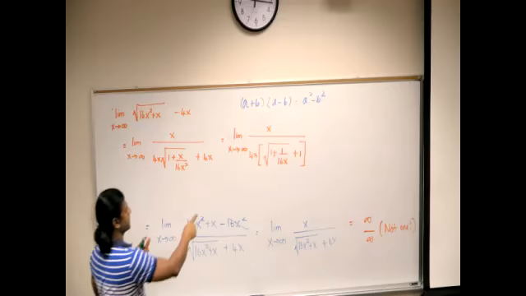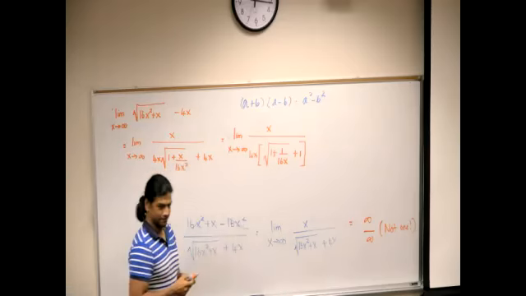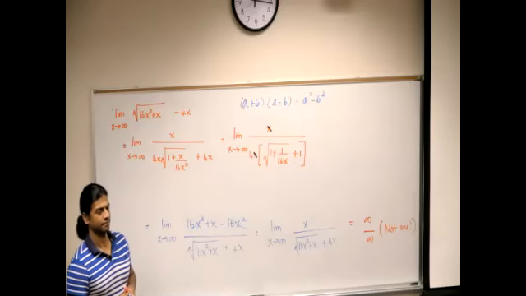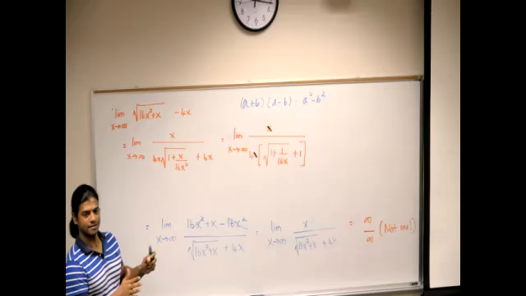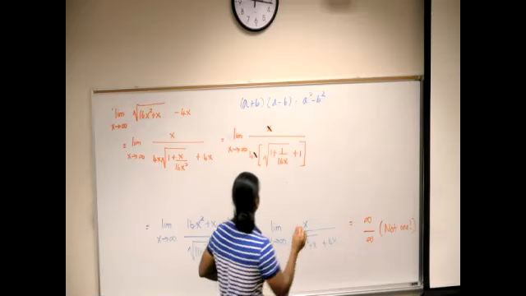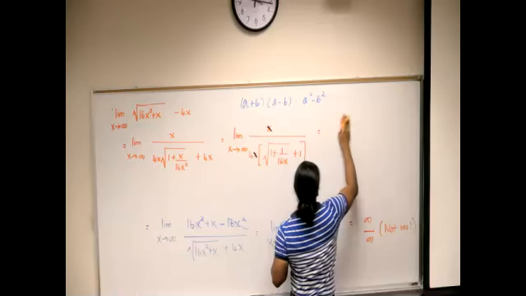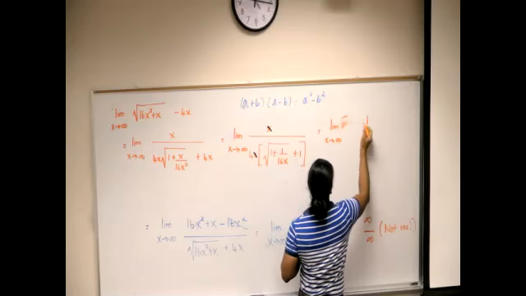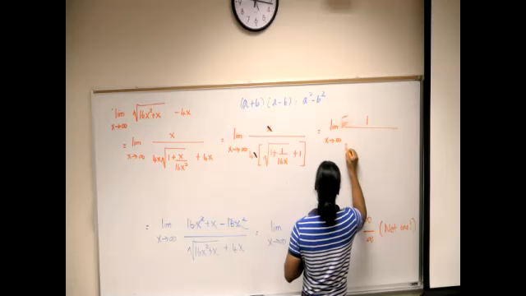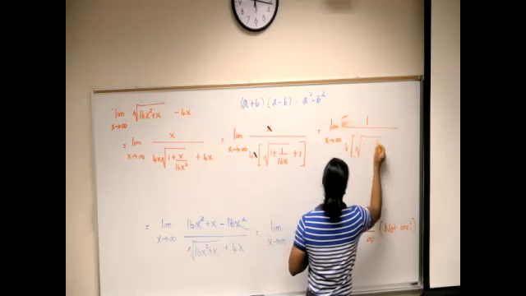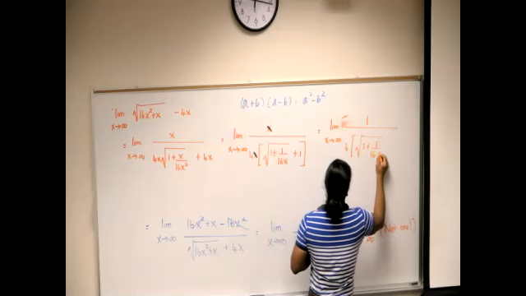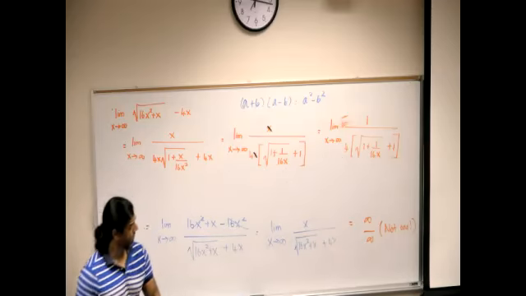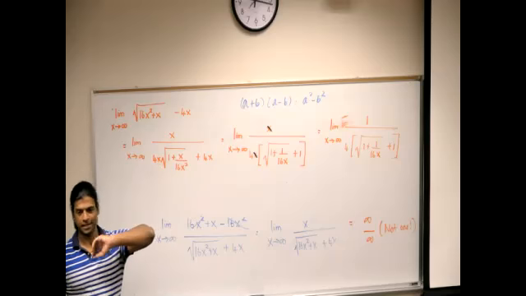What would happen to this x and that x? Will get cancelled. With me so far. And that would equal to limit x approaches infinity 1 divided by 4. That's what we would have.